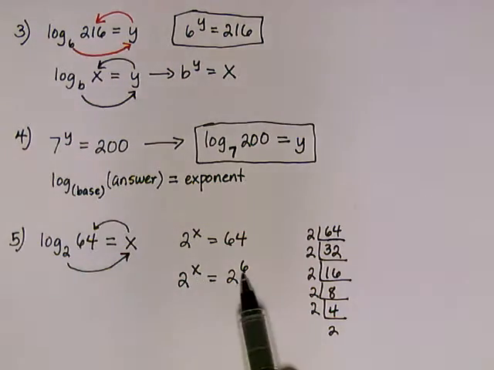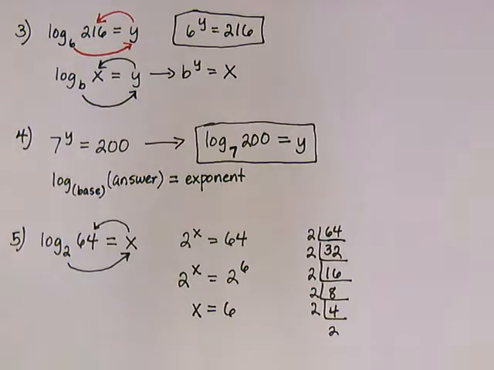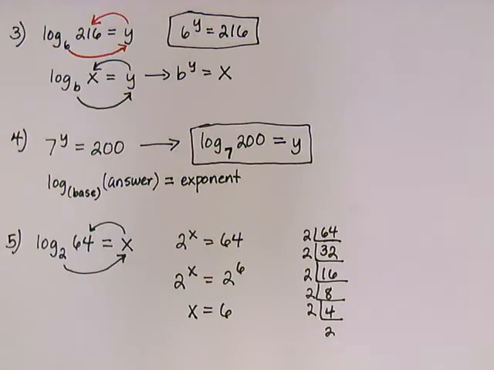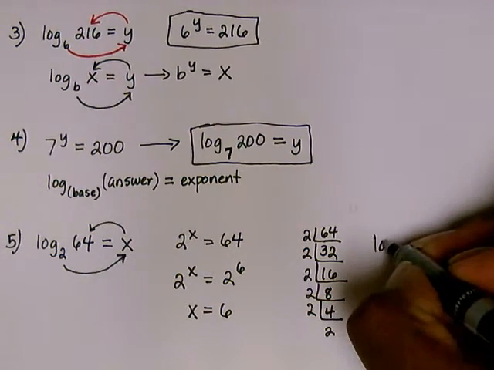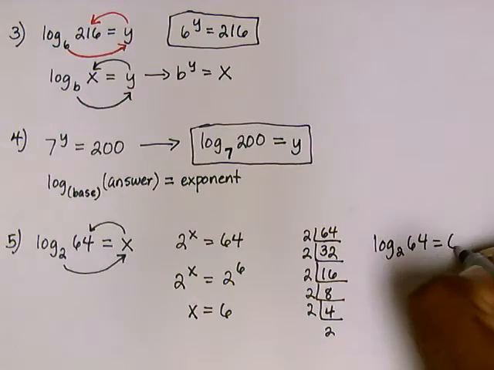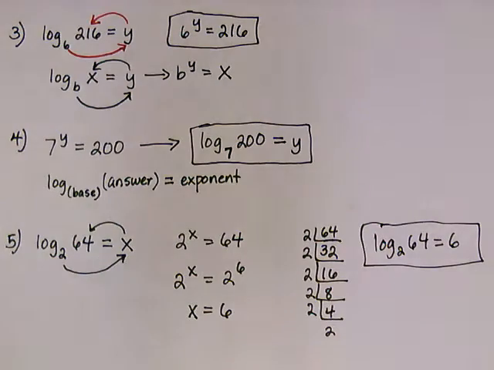So here, x equals 6. There's a rule that says if the bases are the same, you can set the exponents equal to each other. So x equals 6, that's the missing exponent I was trying to find. So I can conclude that log to the base 2 of 64 is 6, and that's because 2 to the 6th power will give me 64.